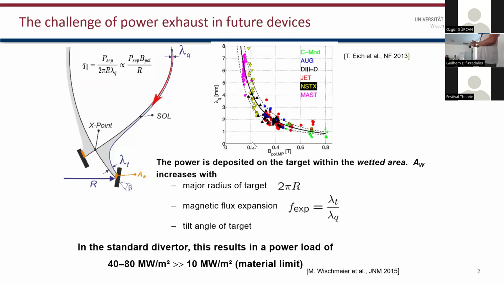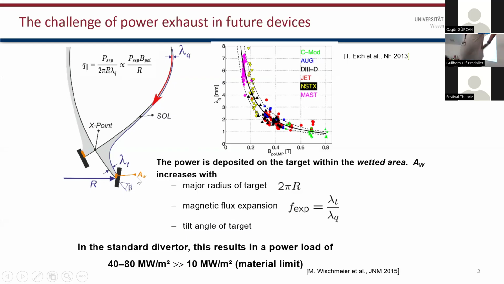There is a current challenge of power exhaust in future fusion devices, at least in tokamak configuration with a standard divertor as planned in ITER or in SPARC. This was also introduced by Nico already. The main point is that you generate power, and everything which comes in also goes out, usually at the outer midplane due to the ballooning instability, and then the power flux moves downstream along the field lines to the target.